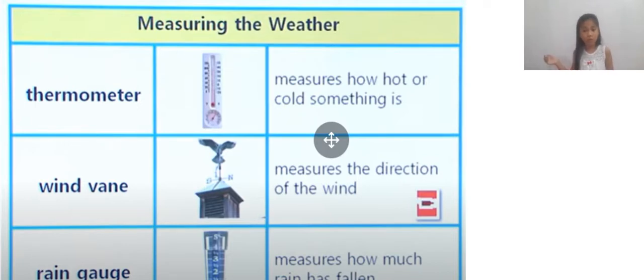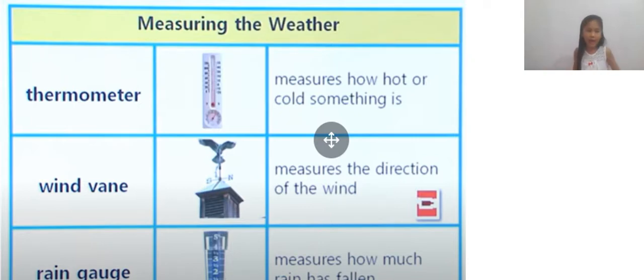In America, people use the F sign to know the temperature. And maybe in Vietnam, you use the sign C, called Celsius, to know the temperature of the weather, right?